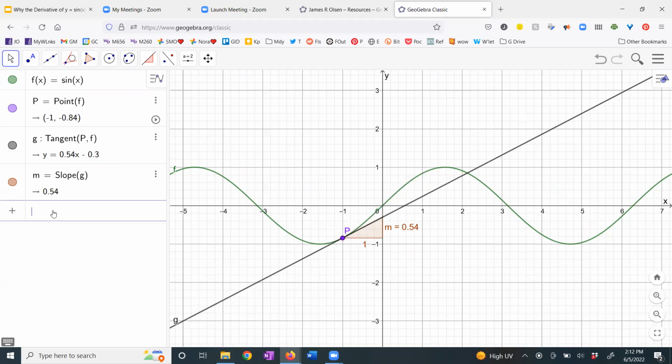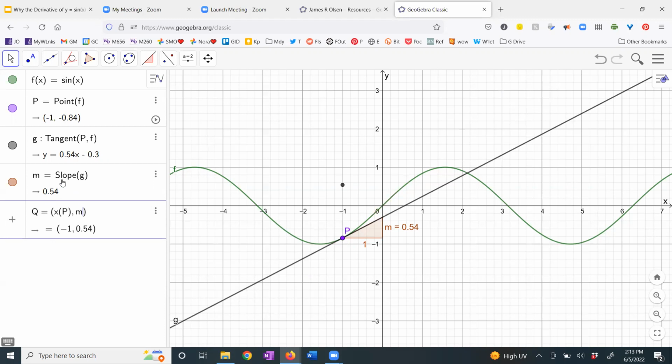So I'm going to have another point here. I'm going to call it point Q. And it's going to be the ordered pair x of P, comma, M. X of P means the x value of point P. In this particular case, it happens to be -1 at this moment. And M is in fact the slope.